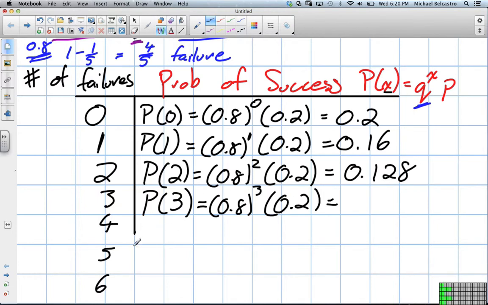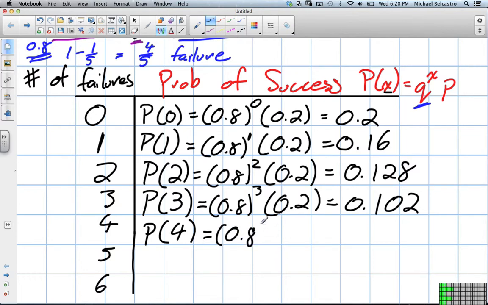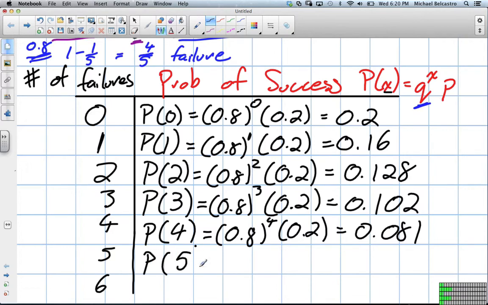Of 3 failures, 0.102. Of 4 failures, 0.081. And finally 5 failures and then a success.